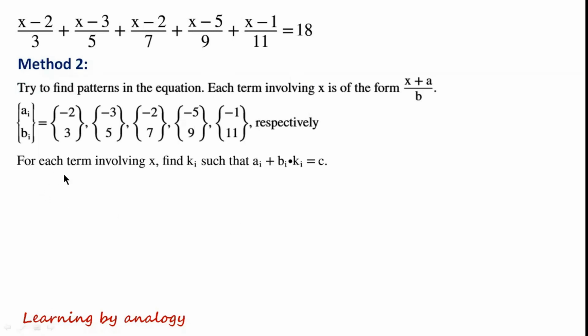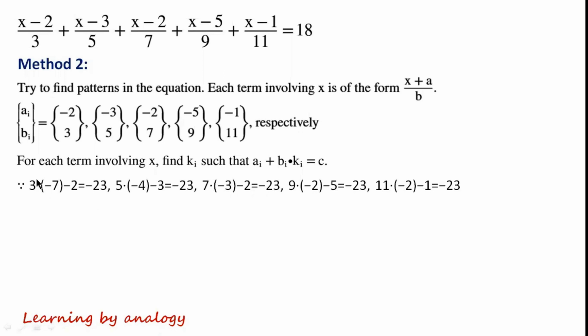For each term involving x, find ki such that ai plus bi times ki equals c. We notice that (a1, b1) equals (-2, 3) and (a3, b3) equals (-2, 7).